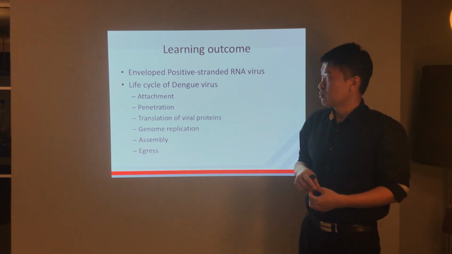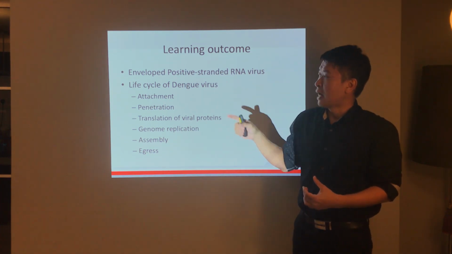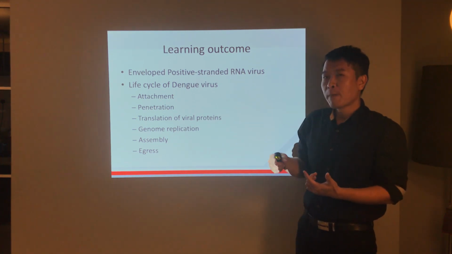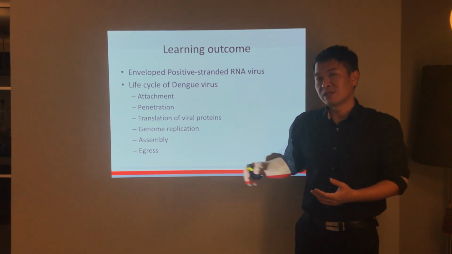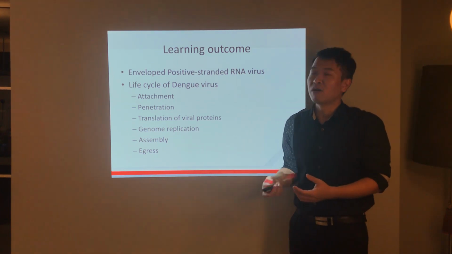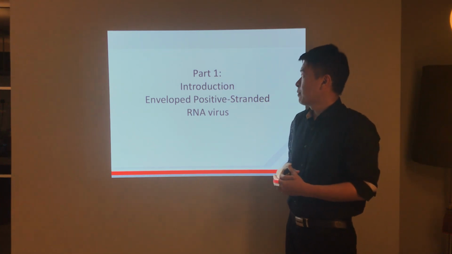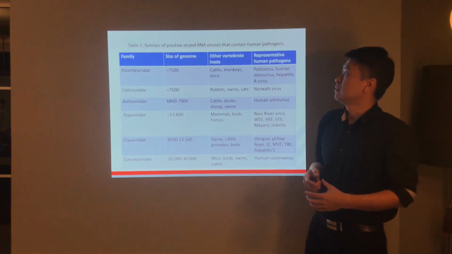In this case we have chosen dengue virus, where we look at the detailed life cycle of the virus. Of course, the 6 steps: the attachment, penetration, translation of viral proteins, genome replication, assembly, and egress or release. Without further ado, let's start with the first part, the introduction of enveloped positive-stranded RNA virus.